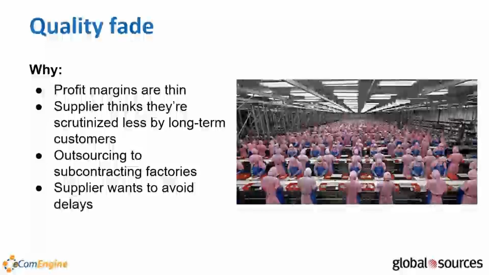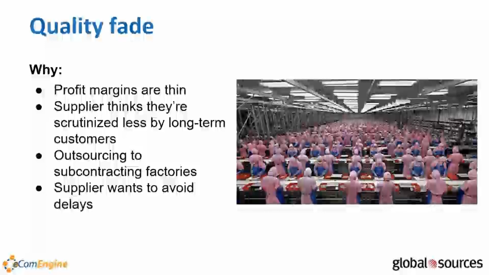And suppliers are always looking for ways to cut costs and improve their own profitability. How else would they buy the latest sports car for their son or daughter? But after a few shipments, the supplier has gained your trust and they think they are being scrutinized less by you.